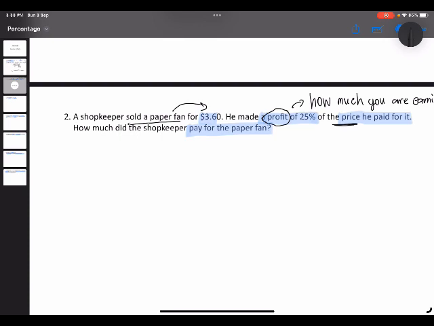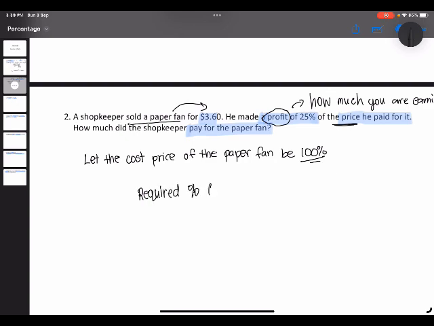So let's write. Let the cost price of the paper fan be 100%. And what do you think is the selling price? It is 100% plus 25% of the profit.